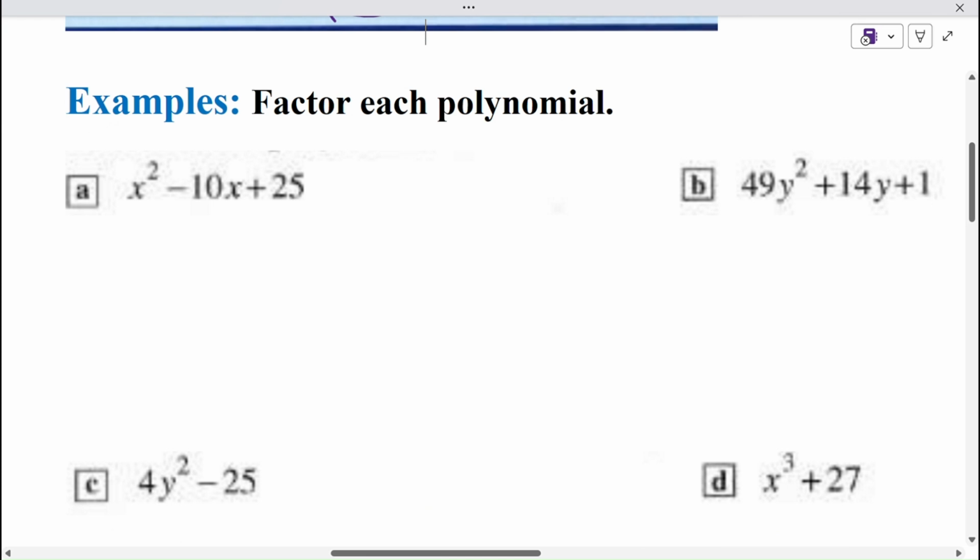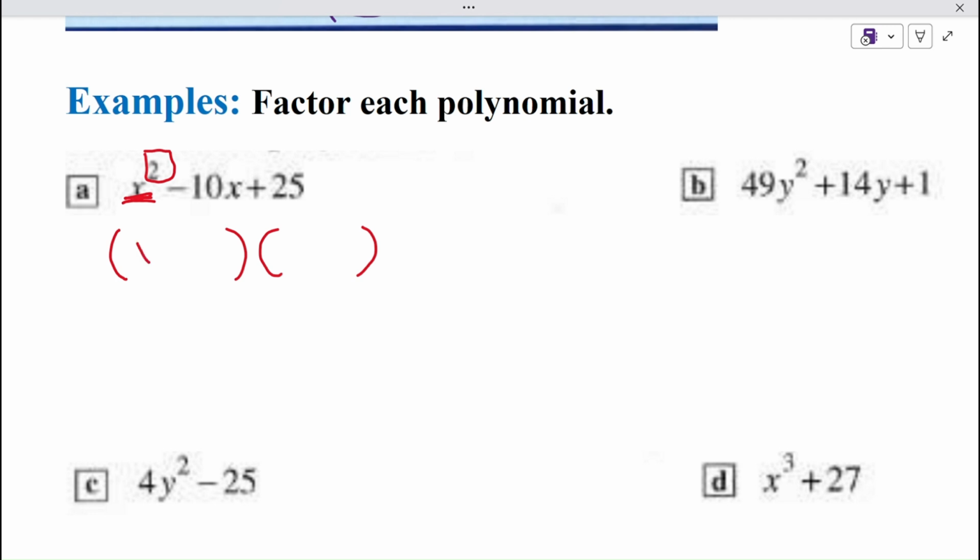Factor each polynomial again. The first one, here we have this polynomial, a quadratic polynomial. Open two brackets, because here we have x to power 2. Write one x here, one x here.